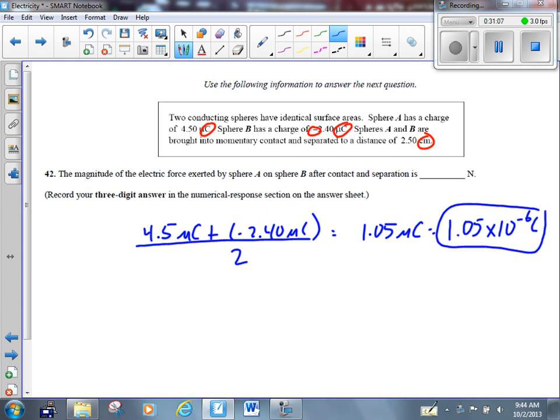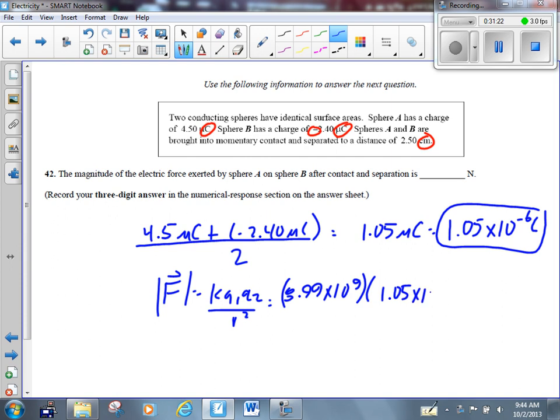Now we want to find the force that acts between them. It's going to be k Q1 Q2 over r squared, or 8.99 times 10 to the 9 times 1.05 times 10 to the minus 6 times 1.05 times 10 to the minus 6. And we divide that by 2.50, right?